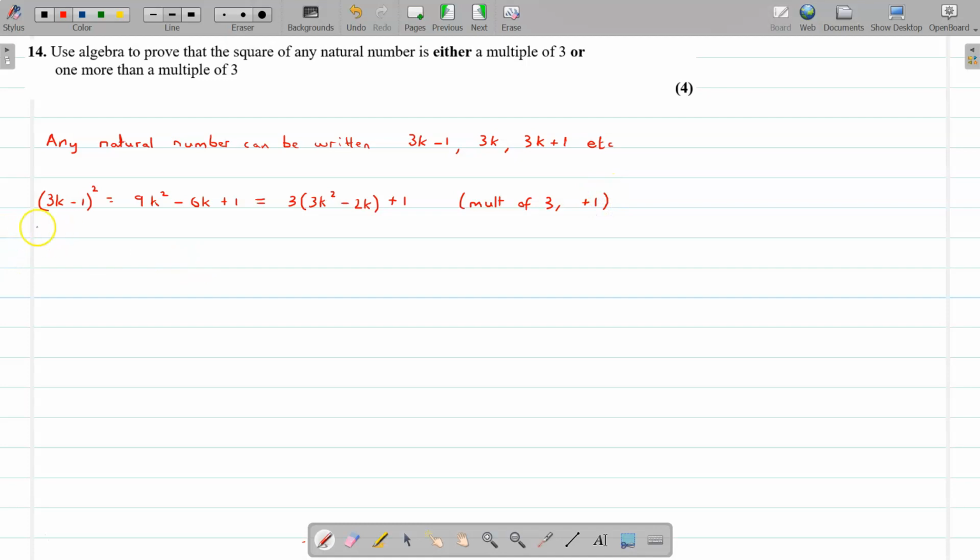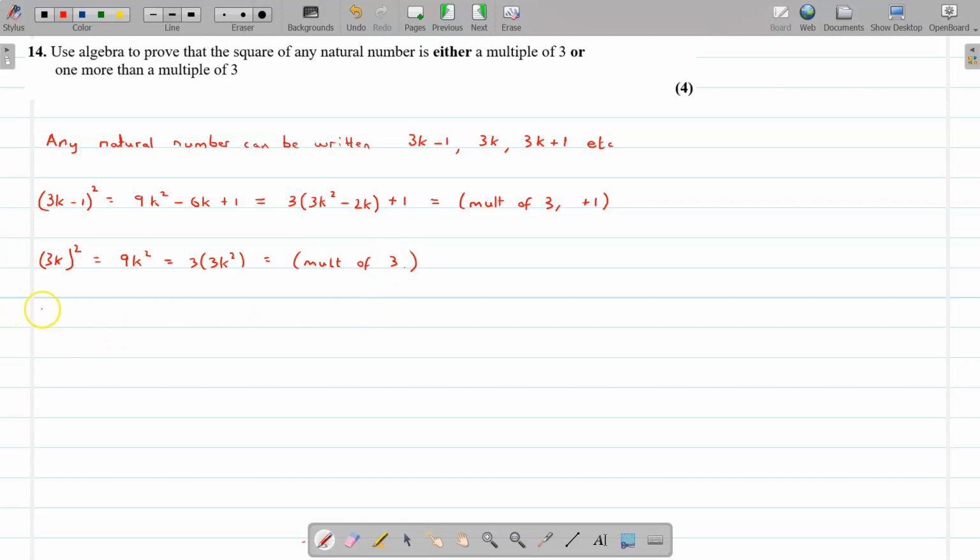Then I'm going to do the same thing with the 3k. That's easier, because 3k all squared is just going to equal 9k squared, which is equal to 3 lots of 3k squared. That's a multiple of 3 without 1 added, a multiple of 3 full stop.